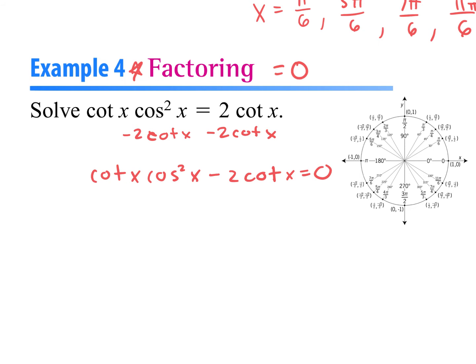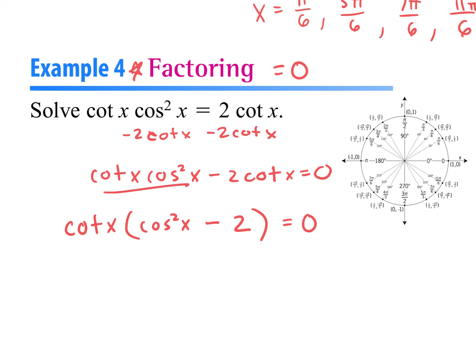Now how can I factor? Do I have a greatest common factor? I have a cotangent in both of these, so I can take out a cotangent. So I'm dividing out a cotangent here. What am I left with when I divide out cotangent? Cosine squared minus 2.